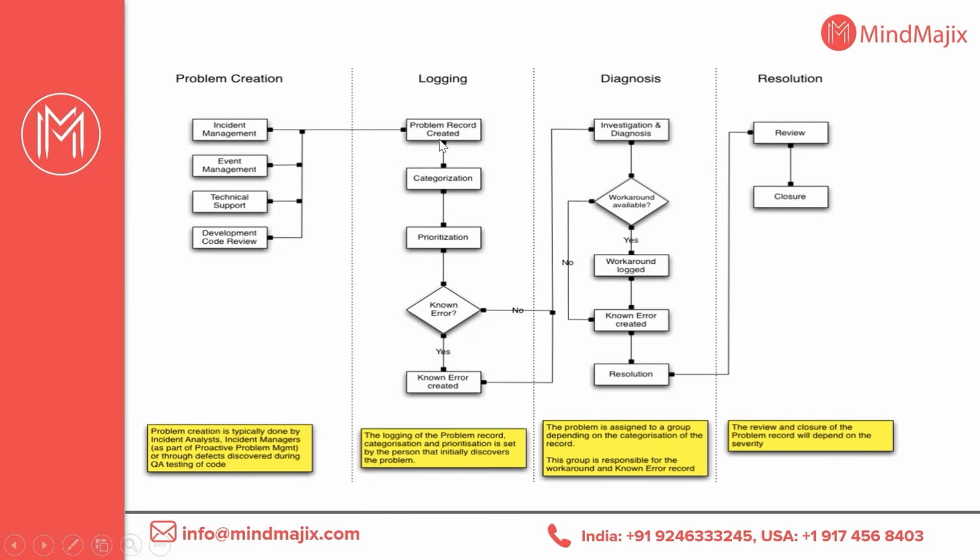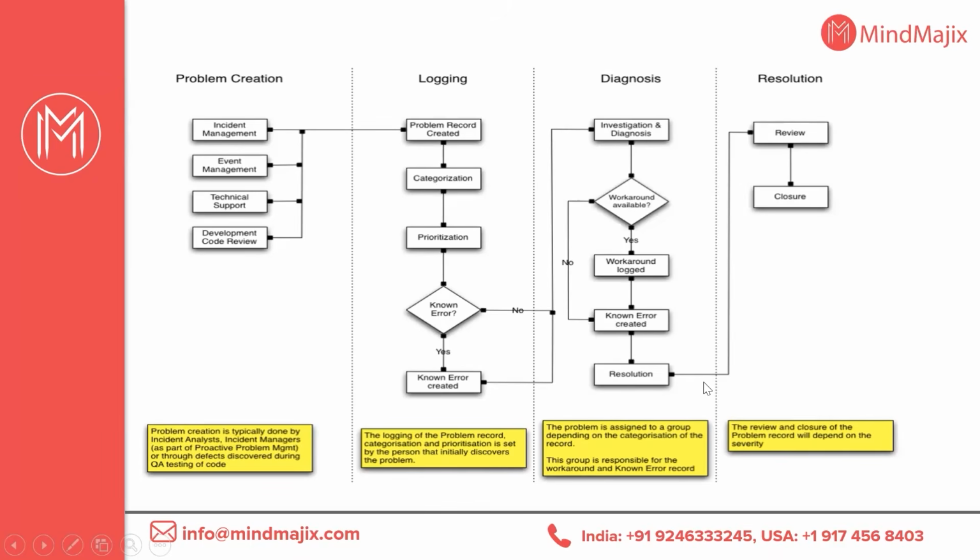Once the problem record is created, this is logging. The problem is created, categorization is done, prioritization is done, and we'll check whether it's a known error. If it's not a known error, then we'll go for investigation and diagnosis. If it's a known error, then we'll say yes, it's a known error, and a known error is created.